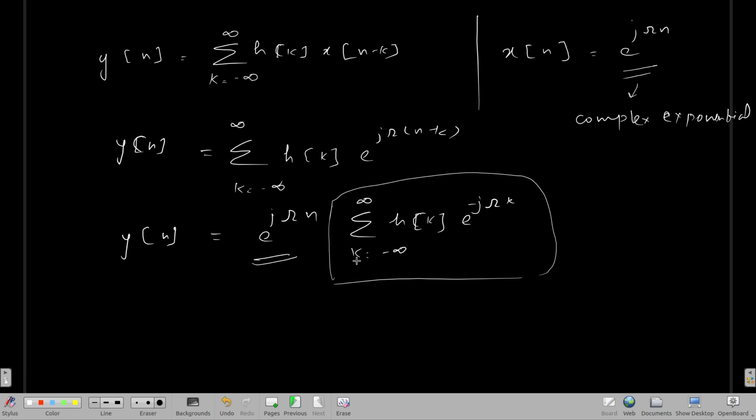This result won't have the variable n in it. So basically what we have is y of n is equal to some constant, let's call it c for the moment, into e to the power j omega n.